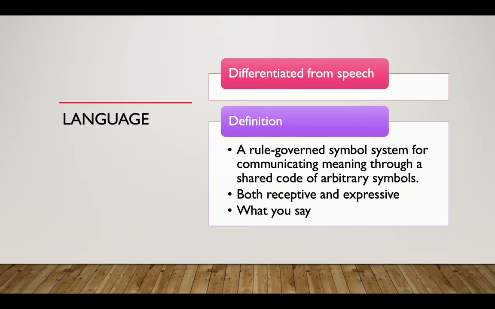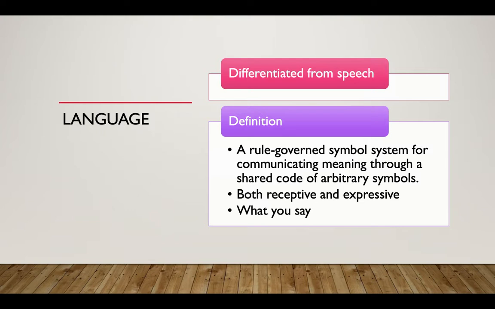Then the other part of language is recognizing that there are receptive areas of language and expressive. So we say there are 4 areas of language. 2 fall in receptive and 2 fall in expressive. Even though we're not together, I'm going to give you examples of the 2 areas of receptive language, and then I'm going to pause and see if you can figure out the other 2 areas of expressive language.